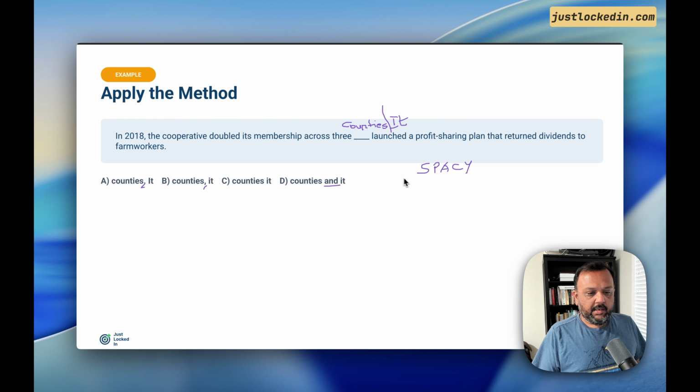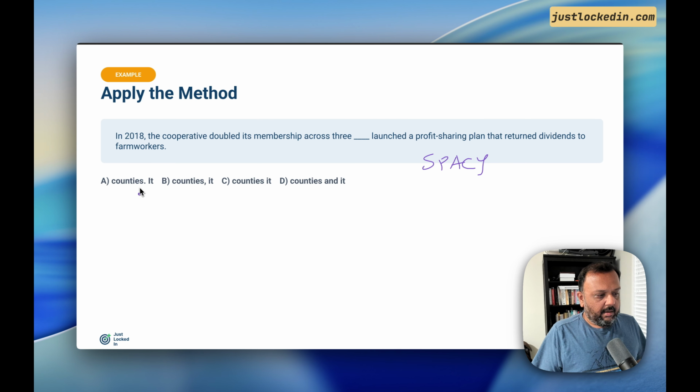Let me erase all this and just write SPACY here. Now if you see, I have counties, full stop, and then it. This is actually valid. This is the period rule. It's correct. Now if you look at this one, it just puts a comma between the two independent clauses.